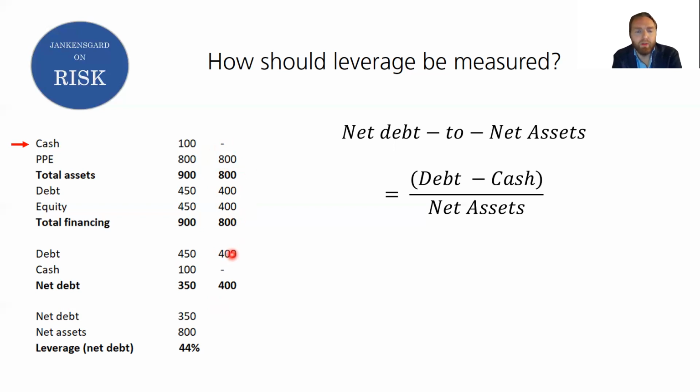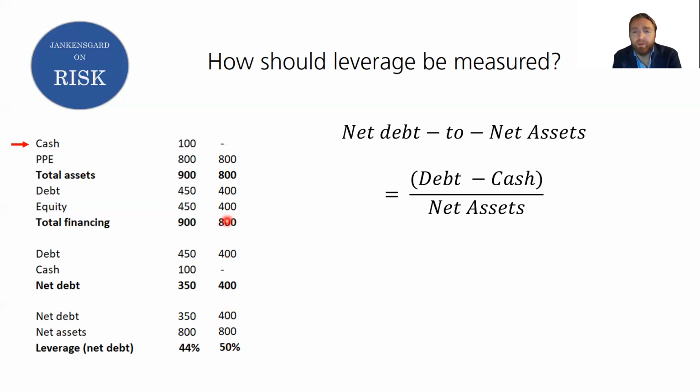But anyway, the debt appears here, but there's no cash to net out. So net debt is 400. And we relate that to net assets, which turns out to be the same number, 800, just the PP&E in this case.